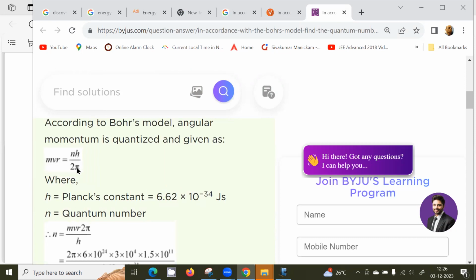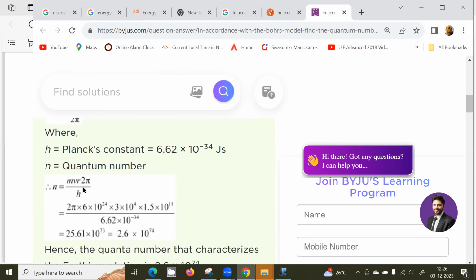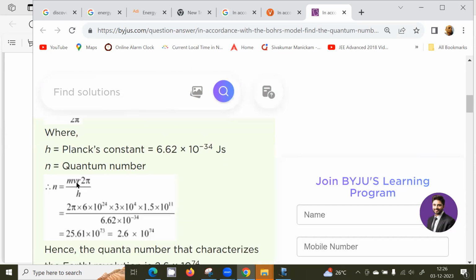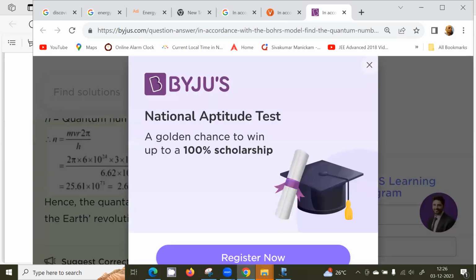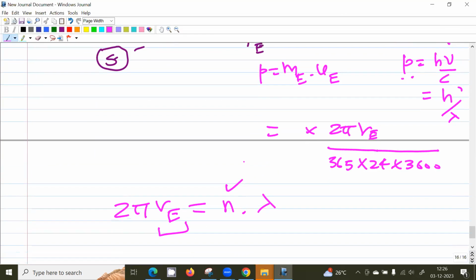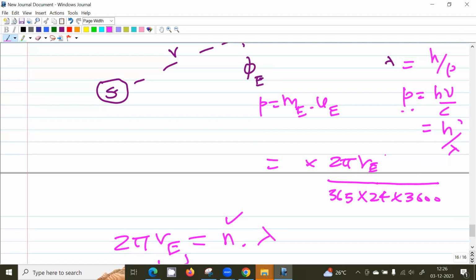MVR is n into h by 2 pi. So n is MVR. So V, the velocity of the earth, you have to find out. R is the distance between the earth and the sun. That's a known constant. Velocity of the earth is also known, by the method I said: velocity of the earth is 2 pi r by time period.